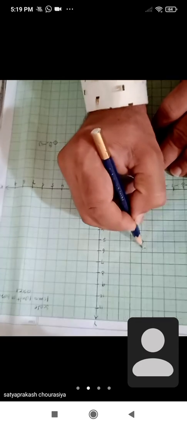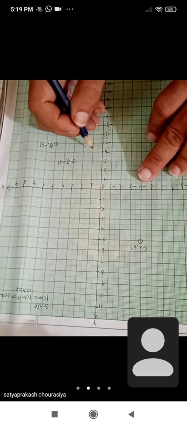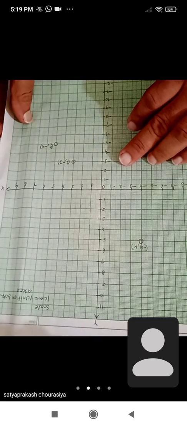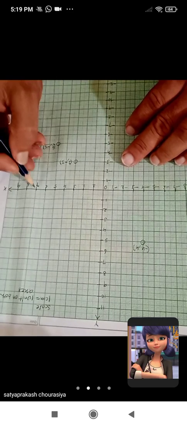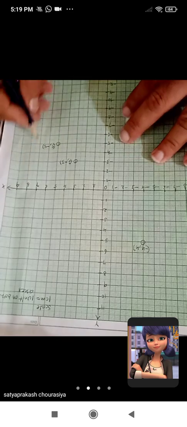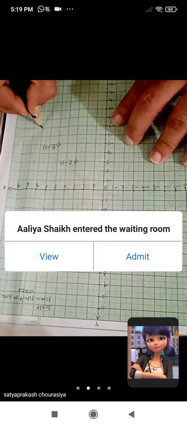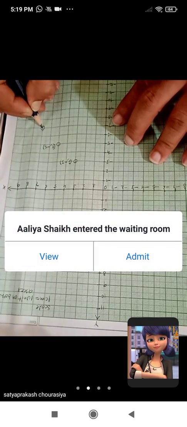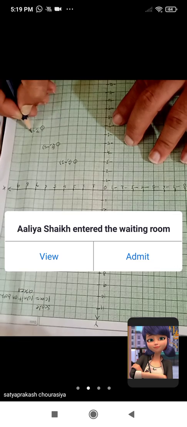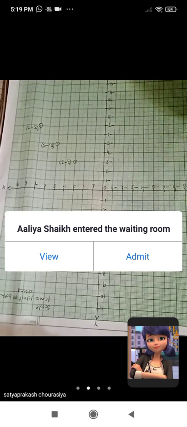Here it is, -4 comma 4. Now next point is 7 comma -7. See, this is the 7 here and -7 is here. Now we have plotted the 4 points. We have to join them.